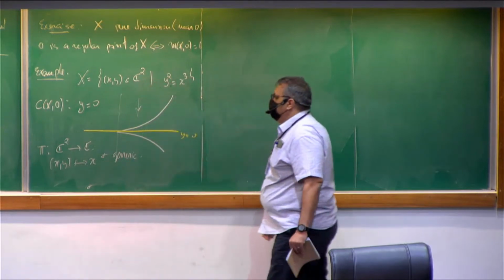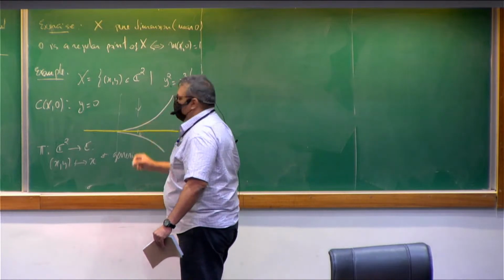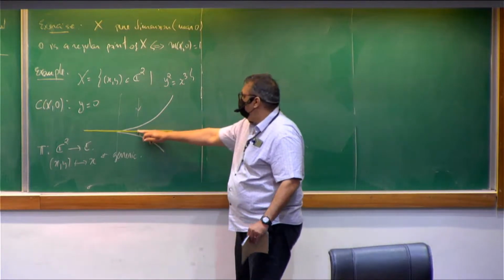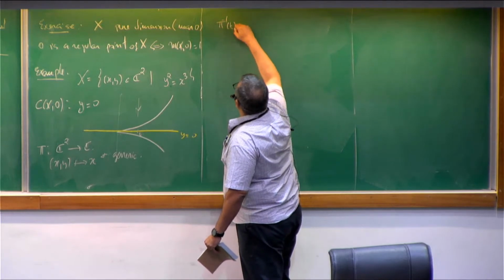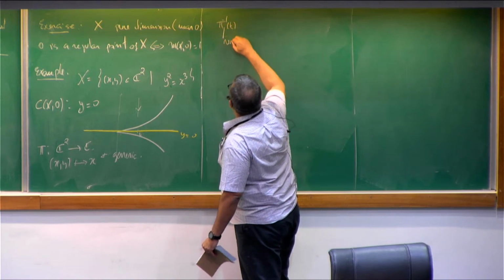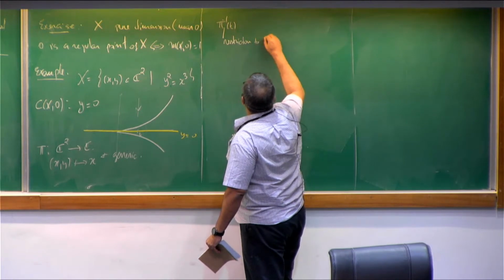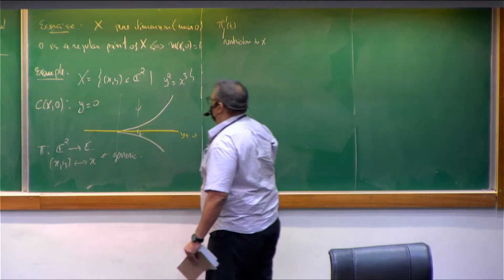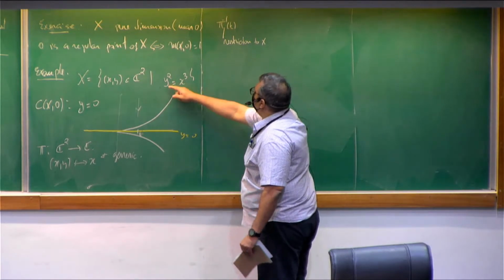Then, in order to compute the multiplicity, you have to take a generic point t here and compute the number of elements in the pre-image of this point on X. You have to solve this equation.